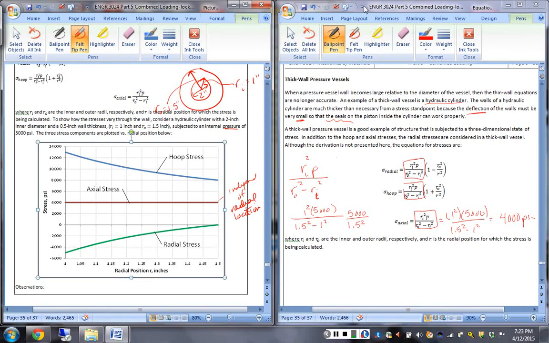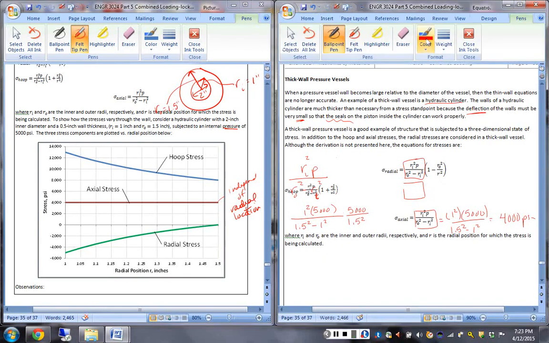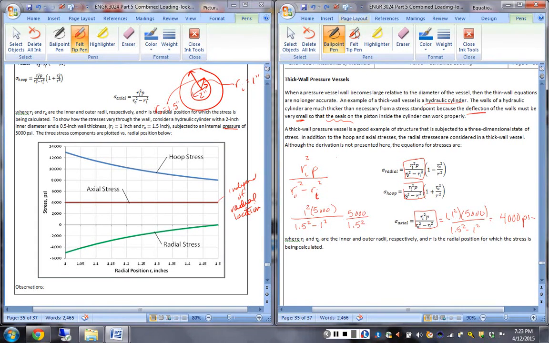Now, looking at what happens with the other two expressions, looking first at the radial, we have this same coefficient that is 4,000, and then we have this other term that is 1 minus the outer radius squared over the radial location squared.